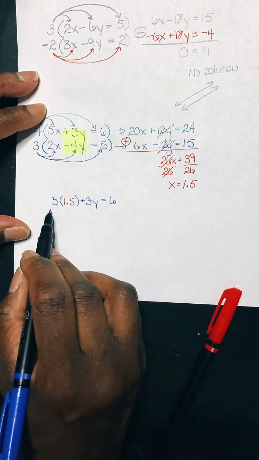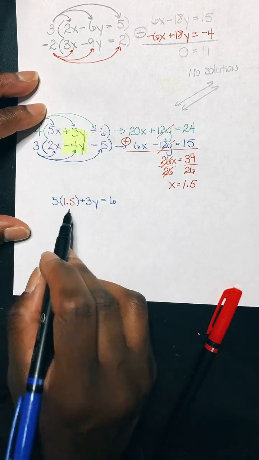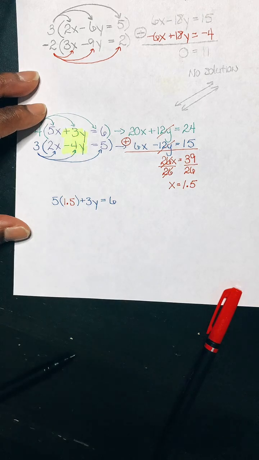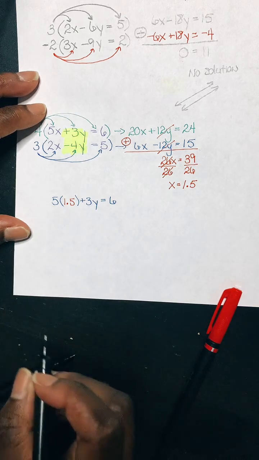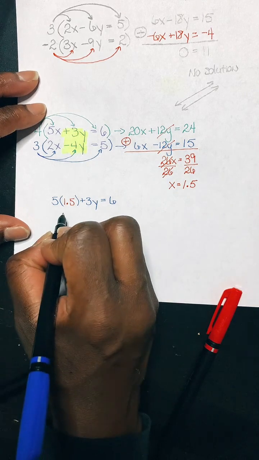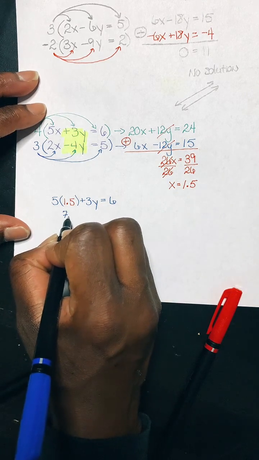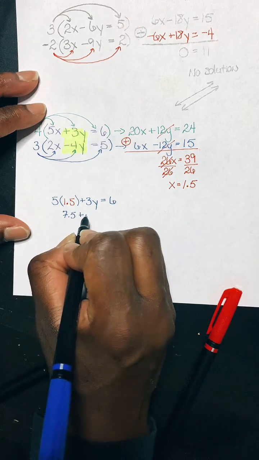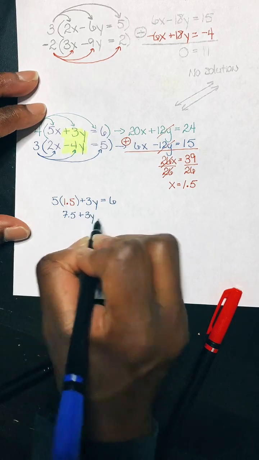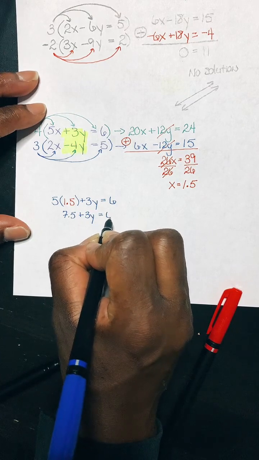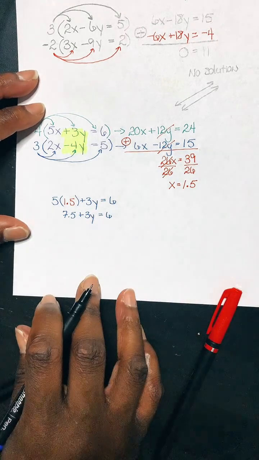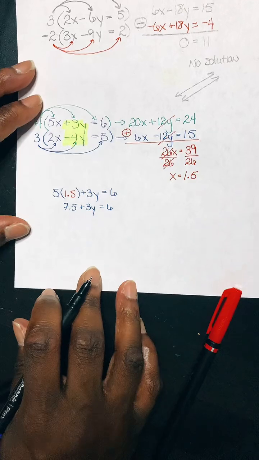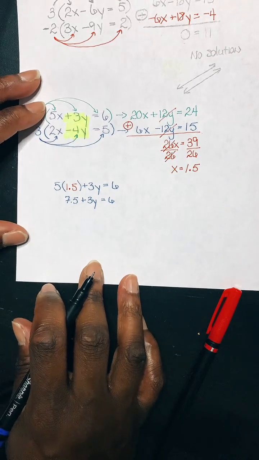So we have 5 times 1.5. So that gives me what? 7.5? Bring down our plus 3y equals 6. All right.